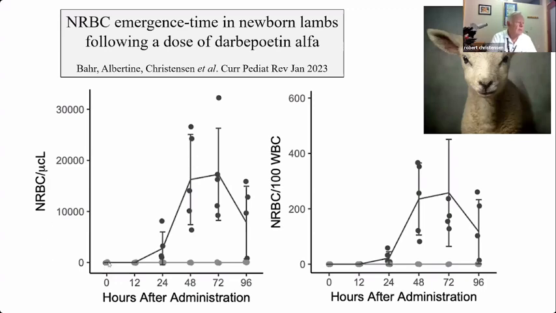Following the administration of the darbepoetin, which is long-acting erythropoietin, it took 24 hours before the nucleated red cell count started to go up, and it plateaued somewhere between 48 and 72 hours before it started to come back down. The same was true whether measured that way or as nucleated red cells per 100 white cells. There was a statistically significant but small increase by 24 hours, but 48 and 72 hours is where it peaked.